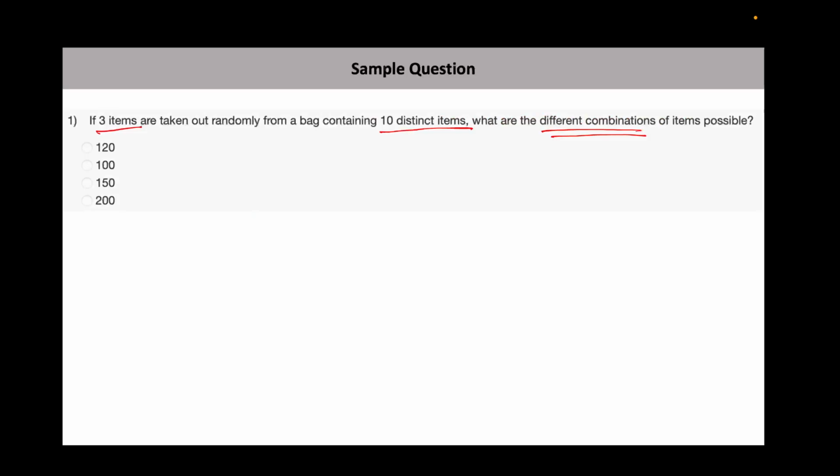Now with the help of this, if we try to solve the question that we were asked, in this case your n will be equal to 10 distinct items, and the number of chosen items will be 3, so your r will be 3.